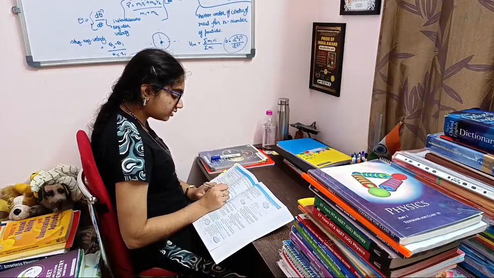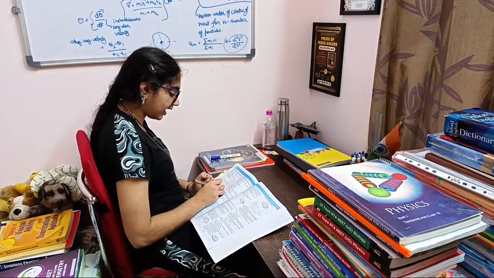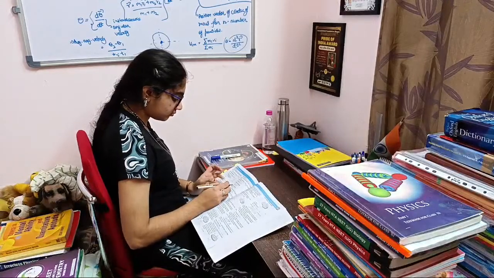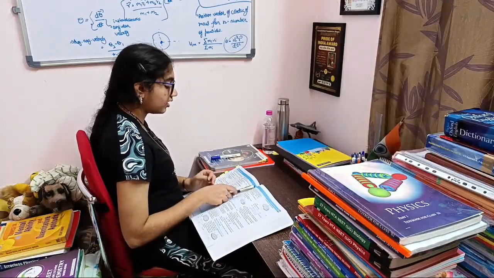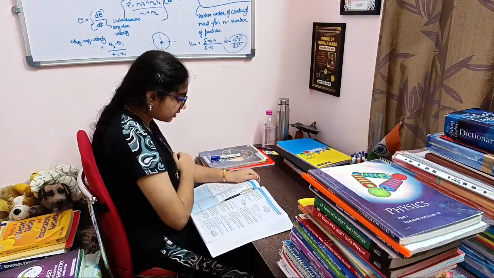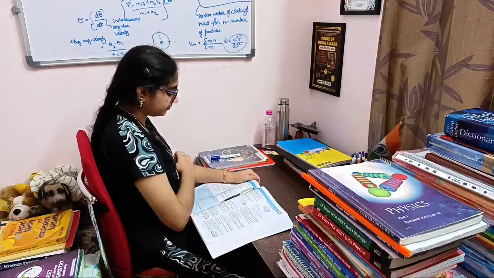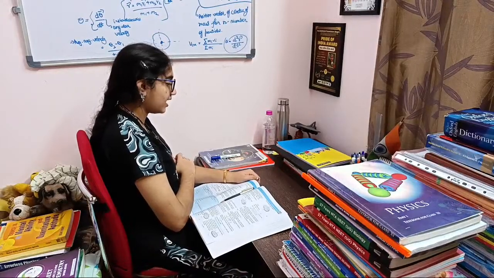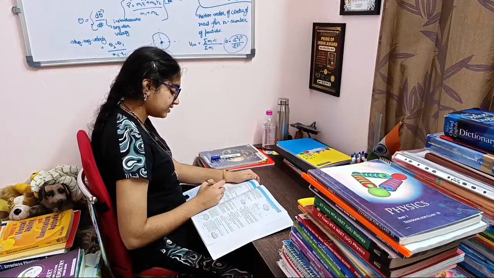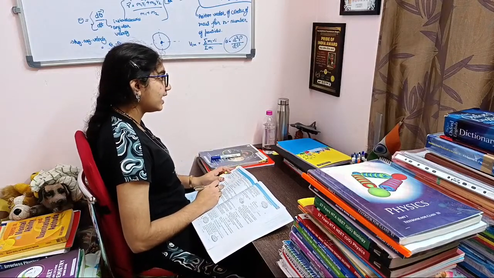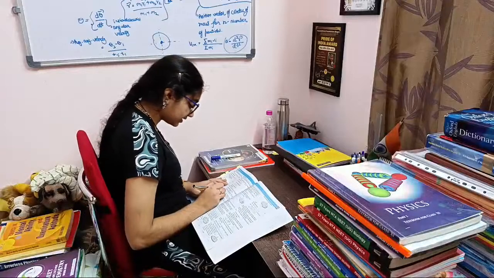Relation between angular acceleration and linear acceleration: A bar equals alpha bar into r bar. Okay, A bar equals alpha bar into r bar is the relation between angular acceleration and linear acceleration.